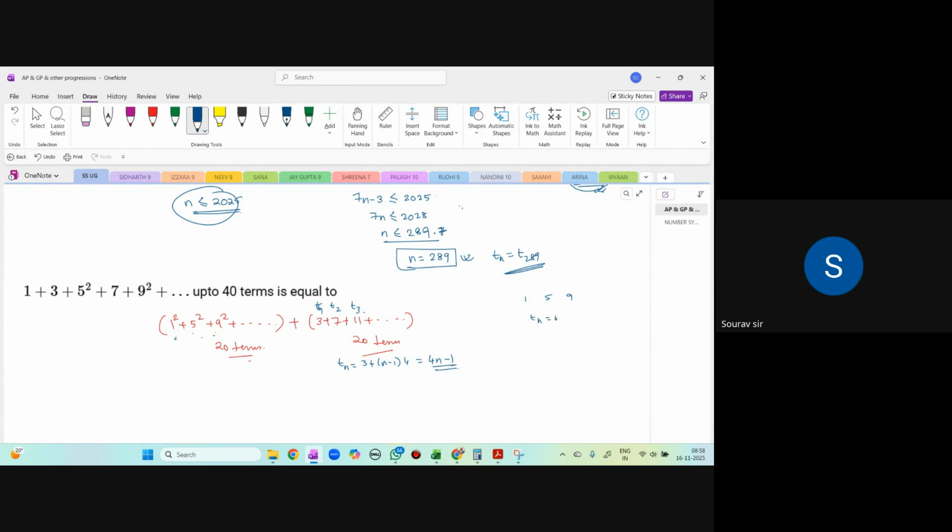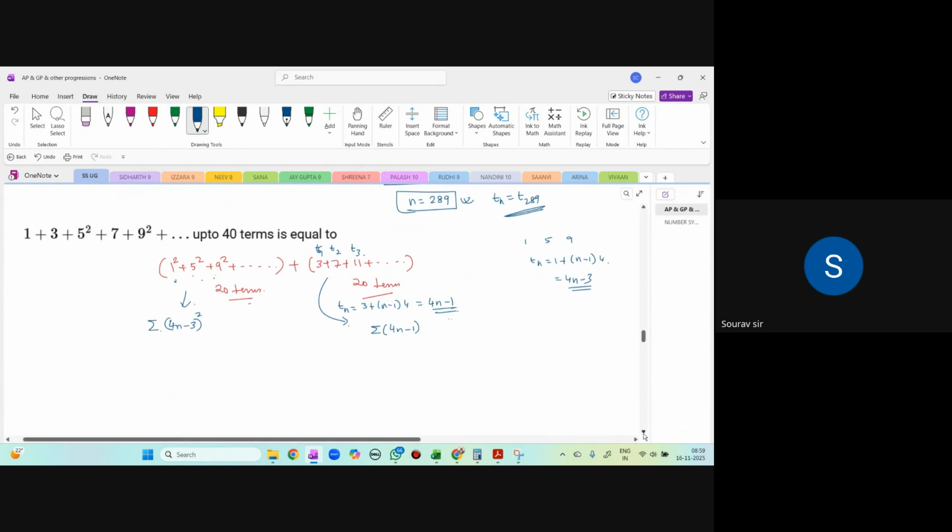So here Tn would be 1 plus n minus 1 into 4, which is 4n minus 3. So that means this will be a series which will be of the form (4n minus 3) square. And you are taking the sum of this. This is the series here. And this series is the sum of this series, so this is the sum of 4n minus 1. Clear? So these are the two series.